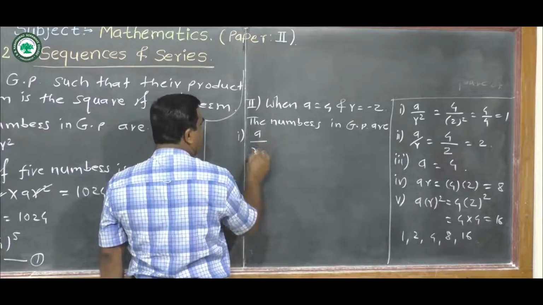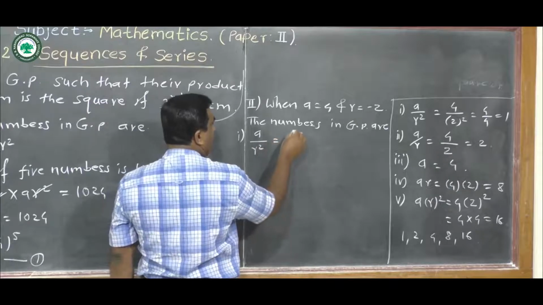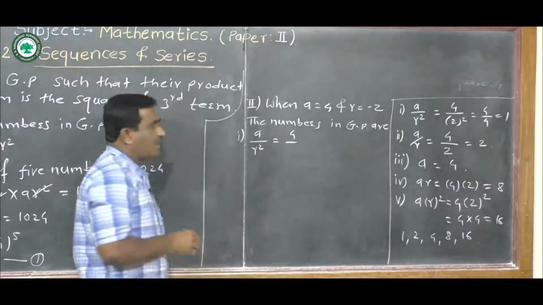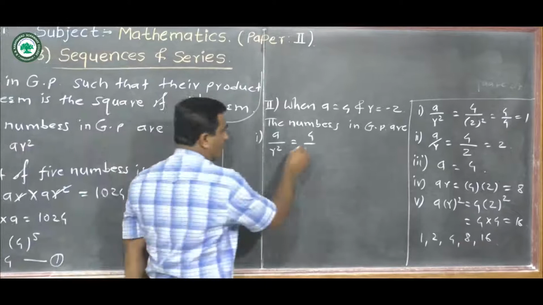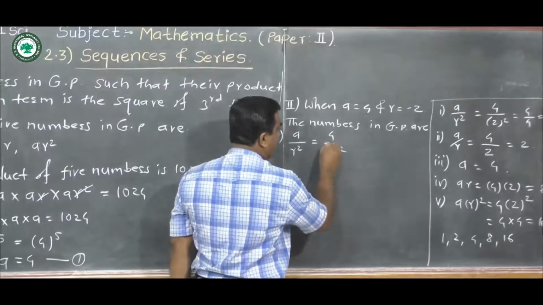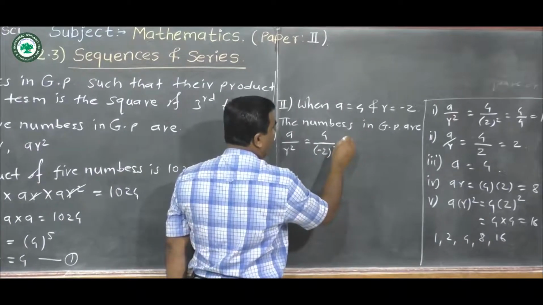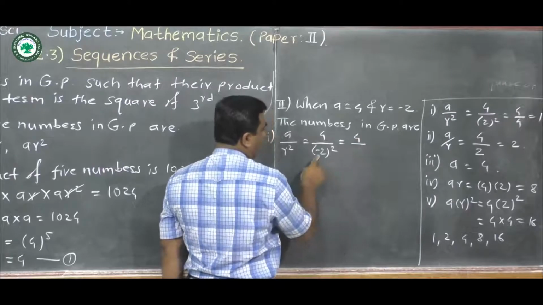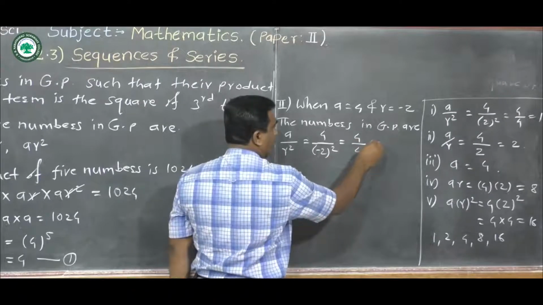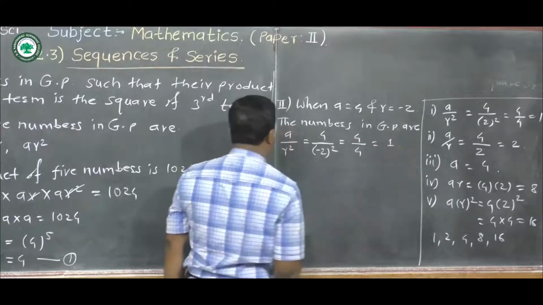A means 4, r is equal to minus 2, minus 2 square is equal to 4, so 4 upon 4 is equal to 1.